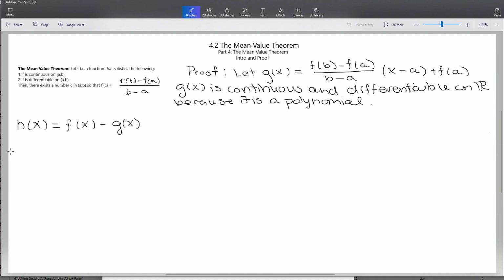Now, we want to try to use Rolle's theorem, so we need to say why h of x satisfies the hypotheses of Rolle's theorem. So we know that the first one is that it's continuous. So h of x is continuous on the closed interval because it is the difference of two continuous functions.